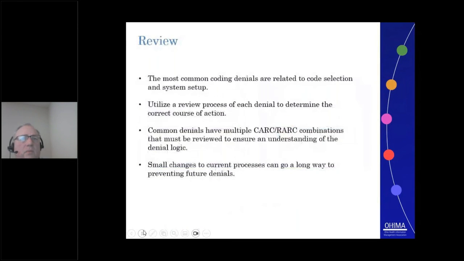So to review, denials represent the claims a payer has deemed unpayable based on established guidelines and rules. Coding denials specifically represent items associated with the clinical visit as stated on the claim form. Coding denial reasons are most likely associated with the selection process or how the electronic medical record places these items on the claim form.